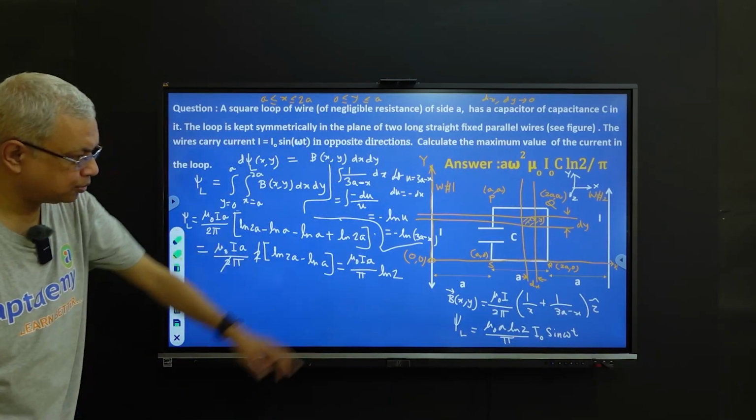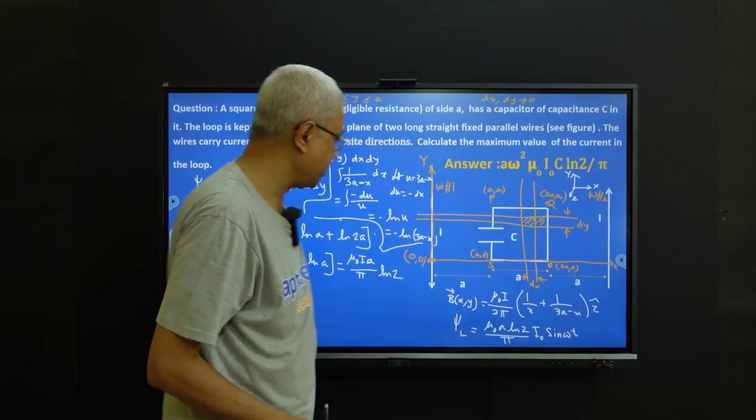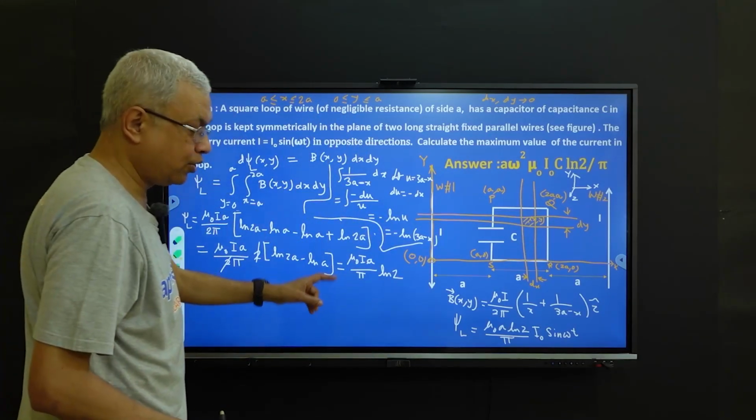So this is the expression for flux linkage through the square loop: mu naught I a by pi ln 2.